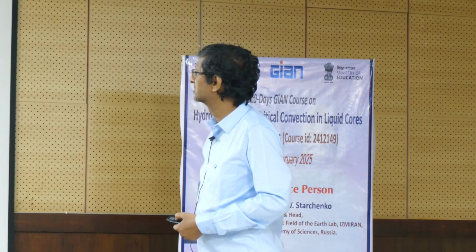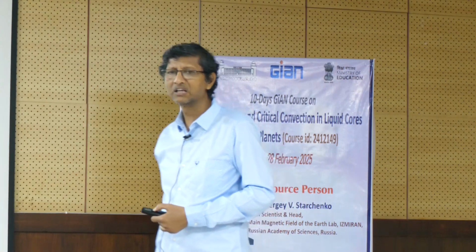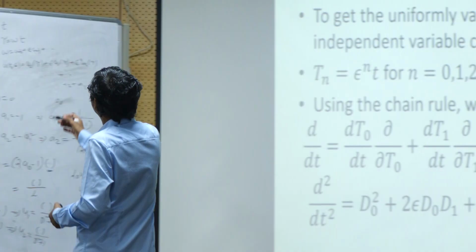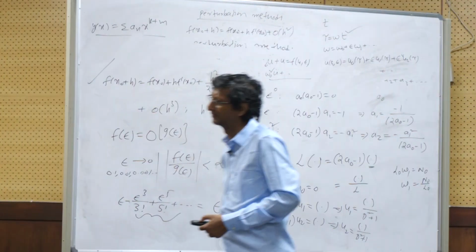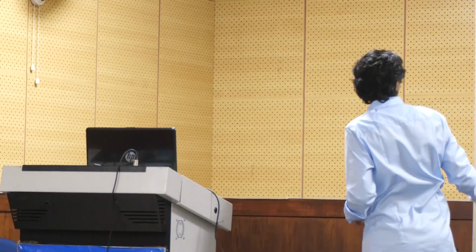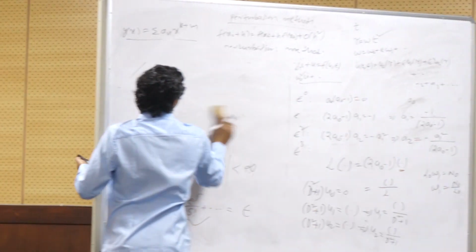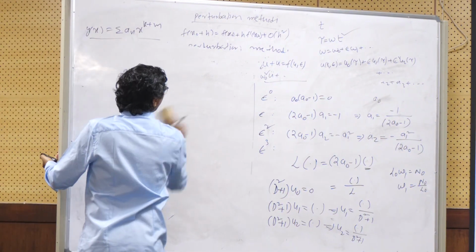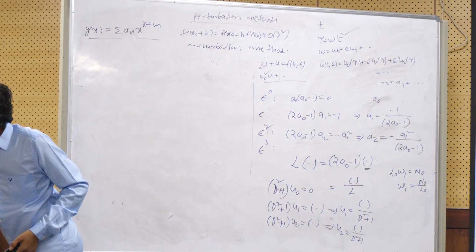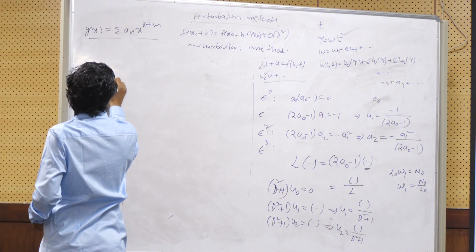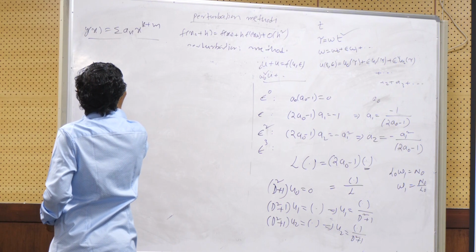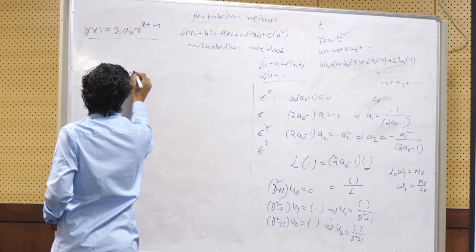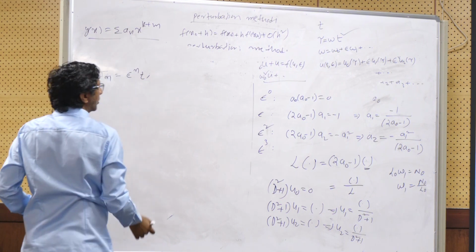Okay, so what happens? Whatever independent variable we have, earlier we had given the straight variable, but here it is something different. It is taken as Tn, where Tn is equal to epsilon to the n times t.